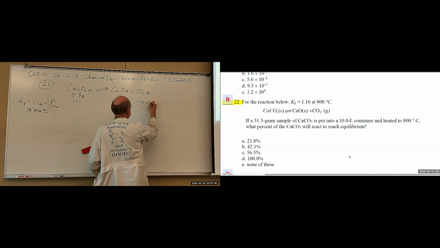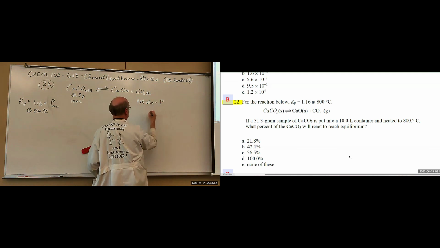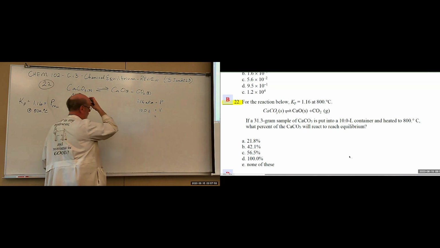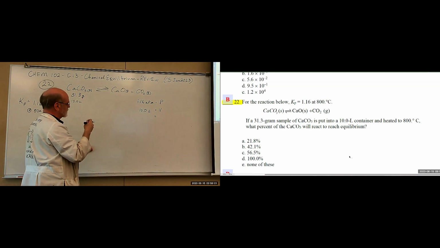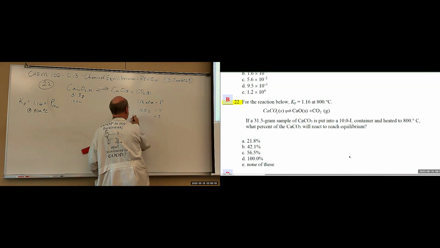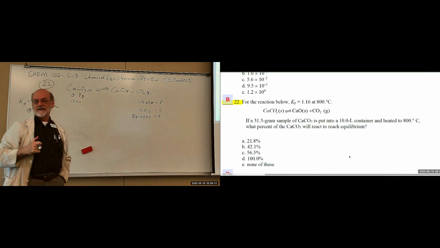1.16 atmospheres. What's the volume? This is the pressure. Volume is 10 liters. Pressure, volume, moles, and temperature. And temperature is 800 plus 273, right? You give us K. See where I'm going with this?